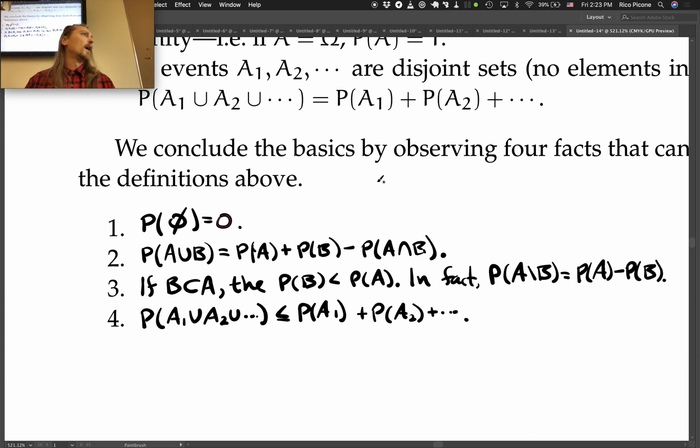We aren't going to go down like 1,000 rabbit holes of probability.